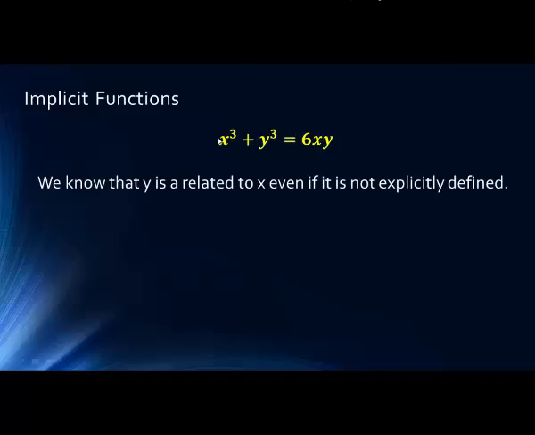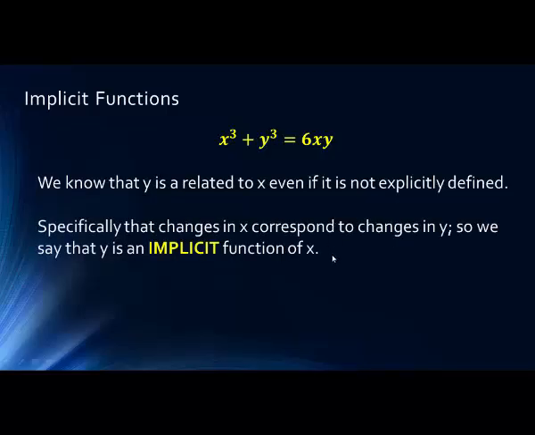And what it means is we don't have all the y's on one side and all the x's on the other, or really more accurate, we don't have y equals everything is a function of x, okay? But we still know that if we change the value of x, that this will impact the value of y. So we know that y is related to x implicitly, even though it's not explicitly defined as y equals x plus 2, etc. Okay?